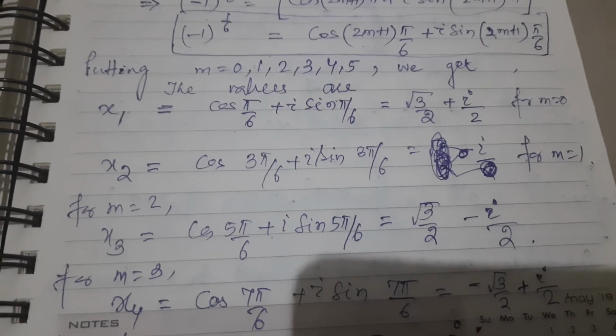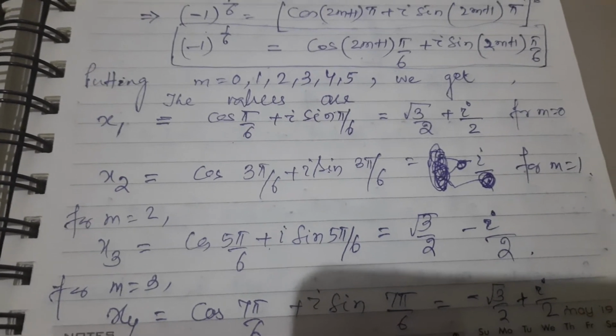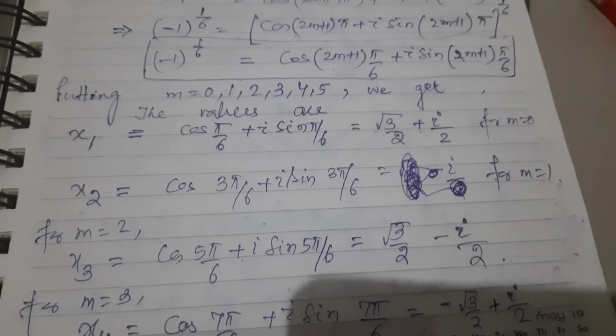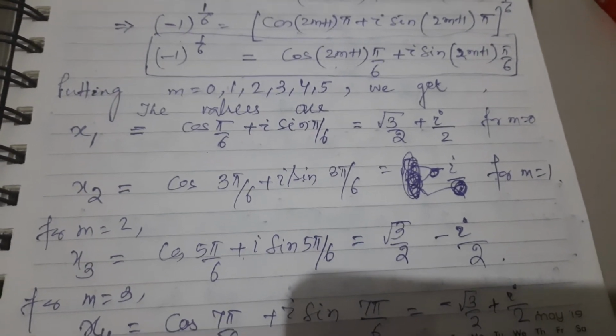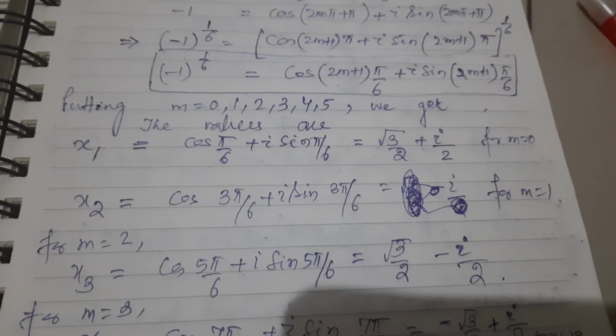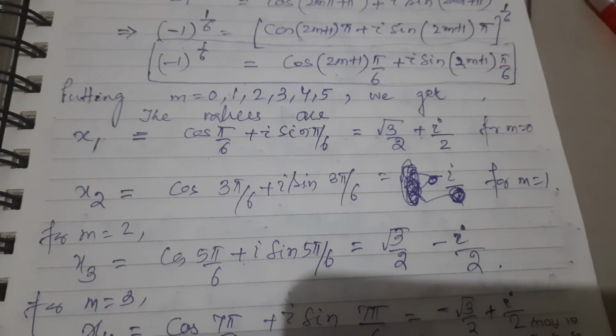For x2, that is when m is equal to 1, we have cos 3 pi by 6 plus iota sin 3 pi by 6. You check, when we substitute m is equal to 1, it is 3.